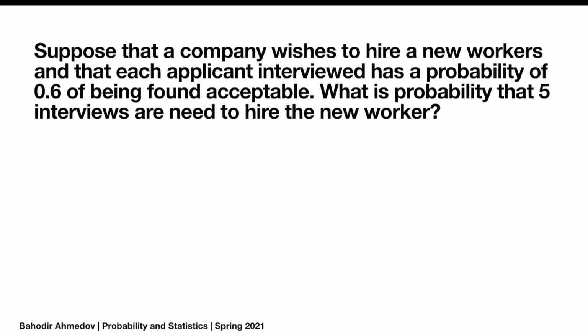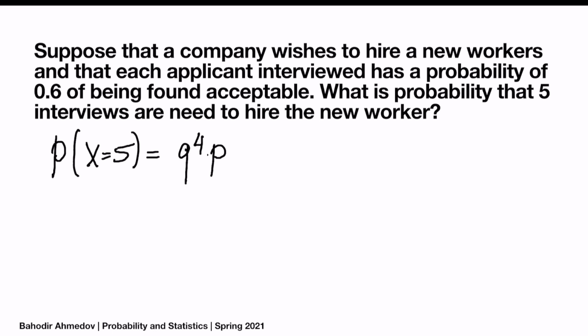Okay, so the probability that the company is going to need 5 interviews in order to find a new worker is going to be equal to q to the power of 4 times p, simply.